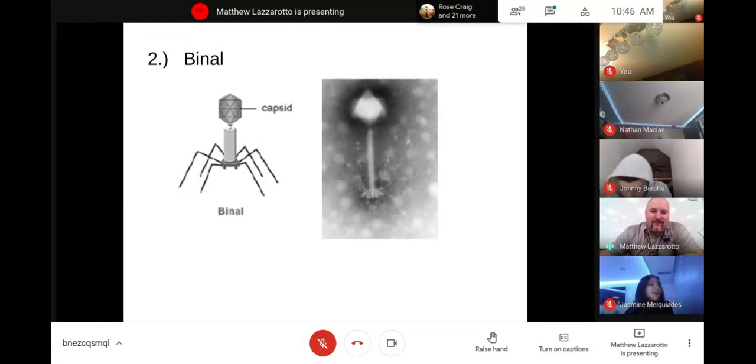Look at this. This is an electron micrograph of that very shape. You could see the ligands, the legs here. You could see the neck, right? Or the collar, as we call it. Here's the capsid. The capsid has the DNA in it, of course. In the collar, there are motor proteins.